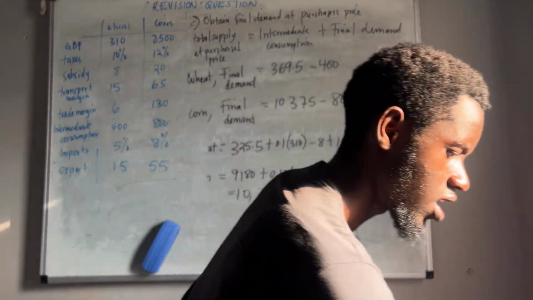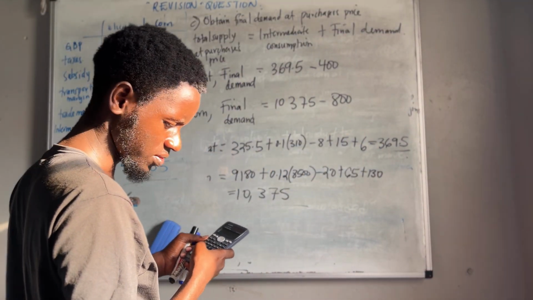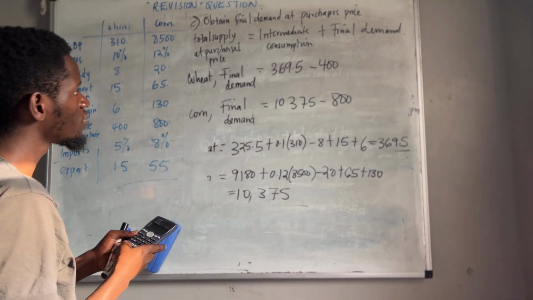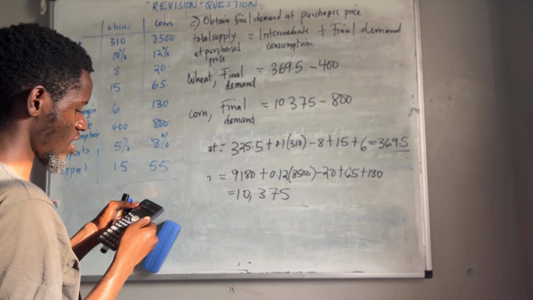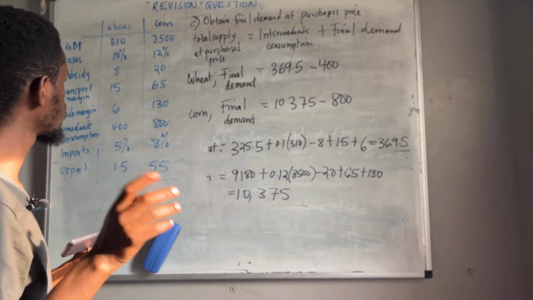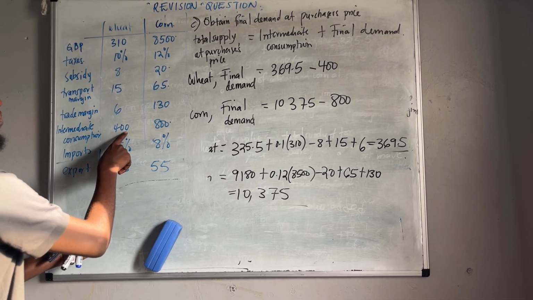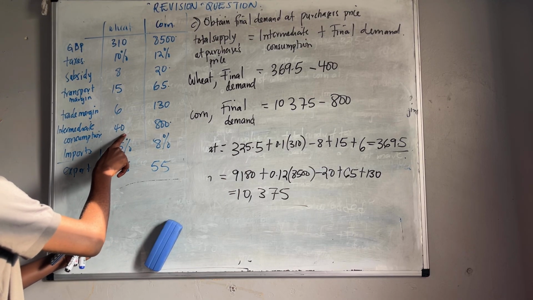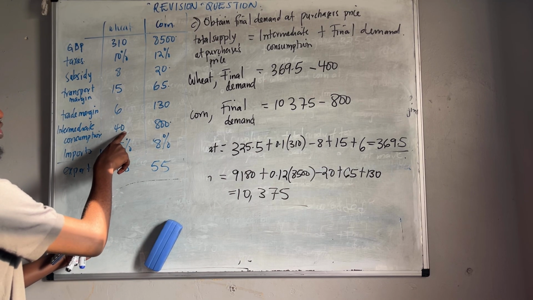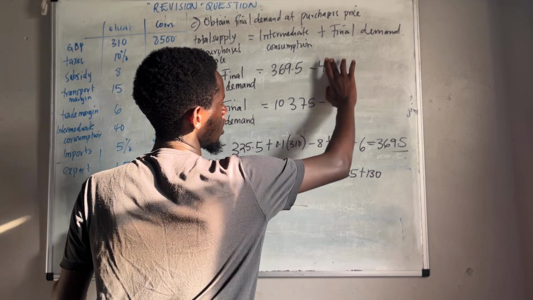Let me have the calculator. We have 369.5 minus 400. Members, sorry for the correction: the intermediate consumption wasn't 400. It is 40. Let us change it to 40, not 400, and also change it in the question, for us to have a nice answer.